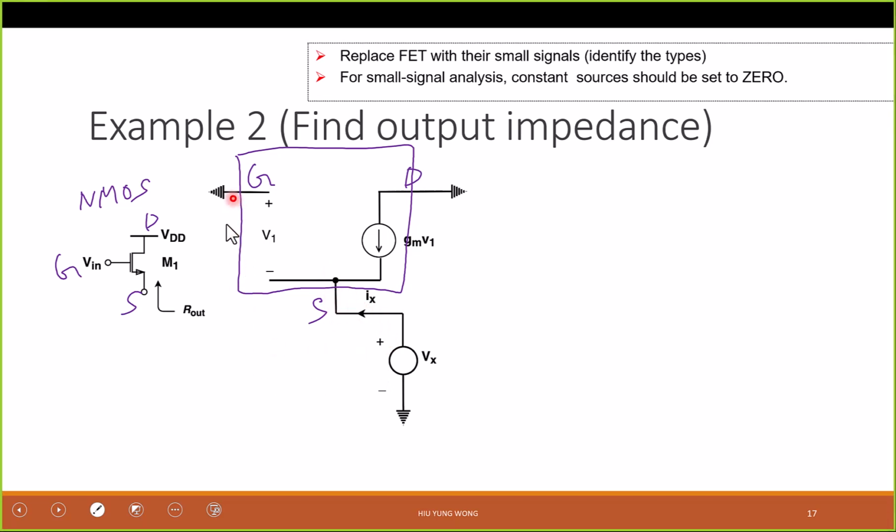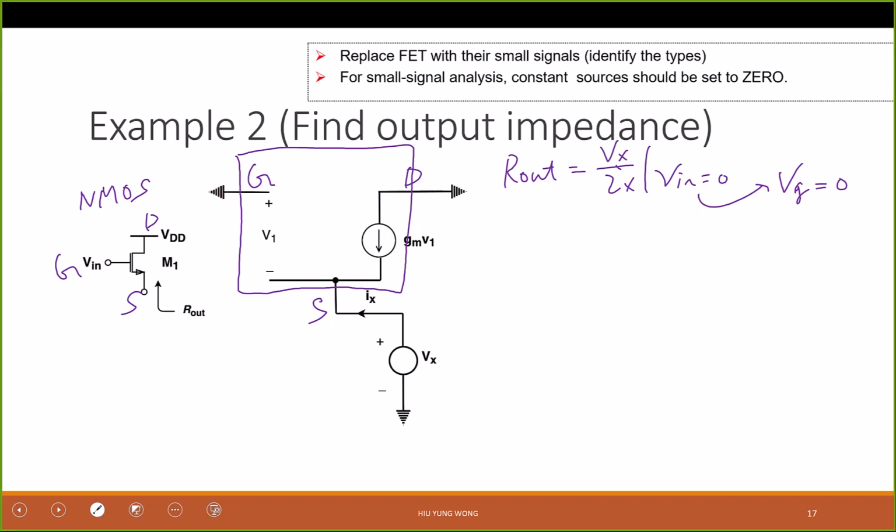And then the gate, I should throw it, but because of the definition, R out equals to Vx divided by Ix when V in equal to 0. So this one forced me to make Vg equal to 0. Right, so everything has a reason. This is 0 because it is small signal and it is VDD. This is 0 because that is the definition when you need to find the R out.